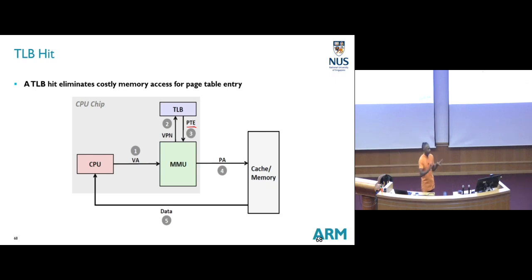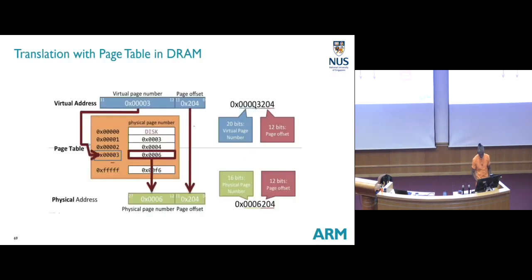So you have to always remember, anything within the processor is very fast. But the moment I have to step outside of the processor to access the DRAM or access the hard disk, it becomes very, very slow. Okay, so the idea is I try to keep as much as I can within the chip itself. So the TLB helps to keep a subset of the page table from the DRAM onto the chip itself.